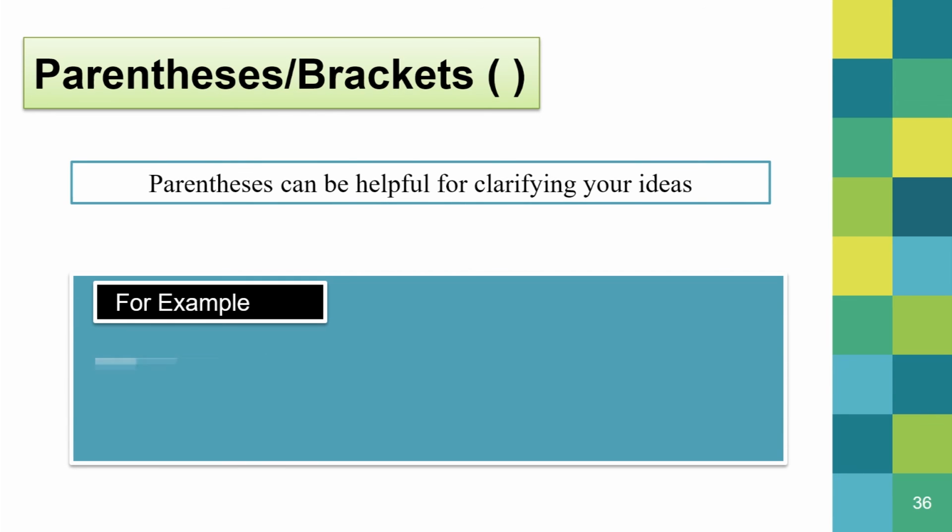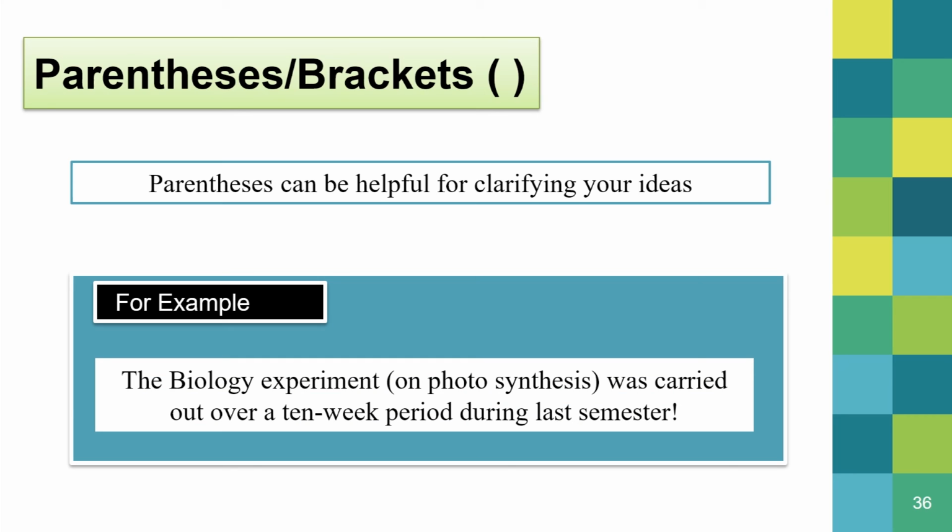For example, the biology experiment (on photosynthesis) was carried out over a 10-week period during last semester. Now, this biology experiment was on photosynthesis. That is why on photosynthesis is written in brackets.